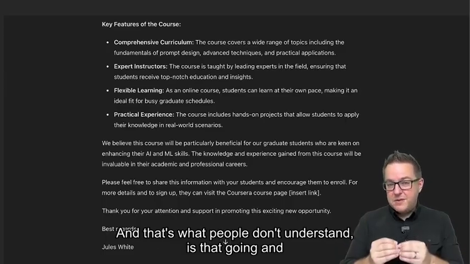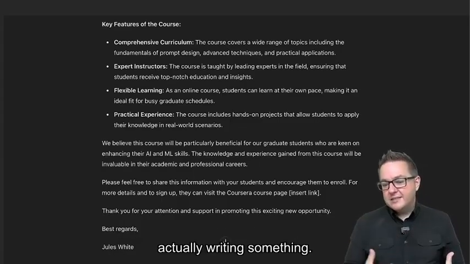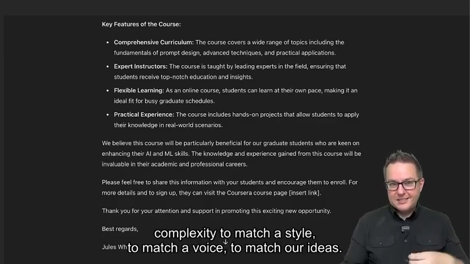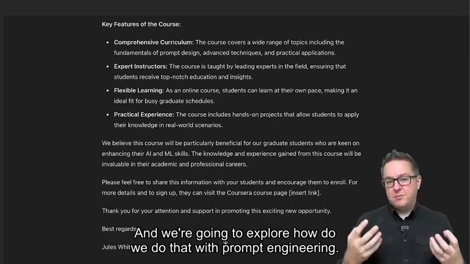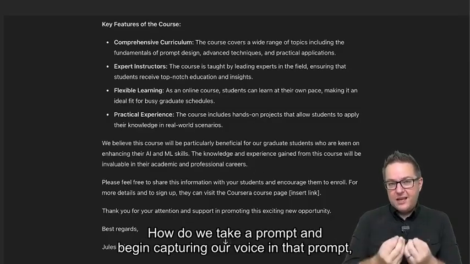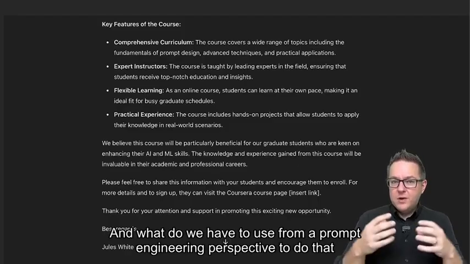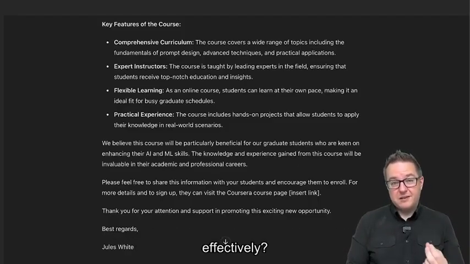And that's what people don't understand, that actually writing something requires enormous time and energy and complexity to match a style, to match a voice, to match our ideas. And we're going to explore, how do we do that with prompt engineering? How do we take a prompt and begin capturing our voice in that prompt, our ideas in that prompt? And what do we have to use from a prompt engineering perspective to do that effectively?